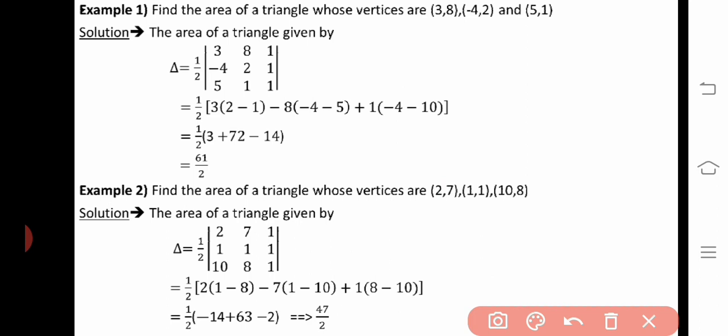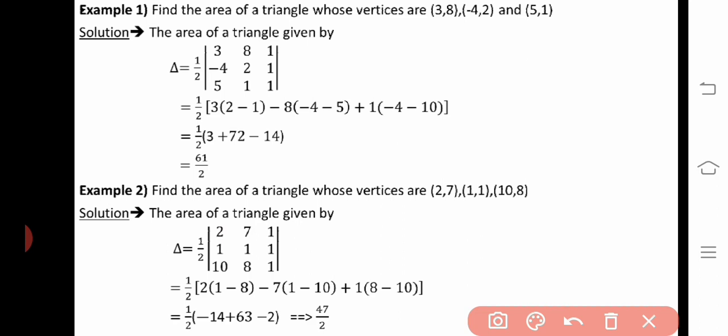We get 1 by 2 as it is into bracket 2 into, leaving the first row and first column, 1 into 1 minus 8, minus 7 into, leaving the second column first row, 1 into 1, 10 into 1 minus 10, plus 1 into, leaving the first row element and third column, 8 into 1, 8 minus 10.